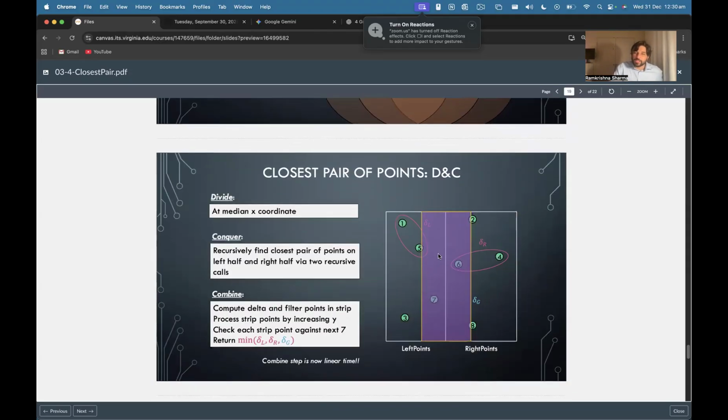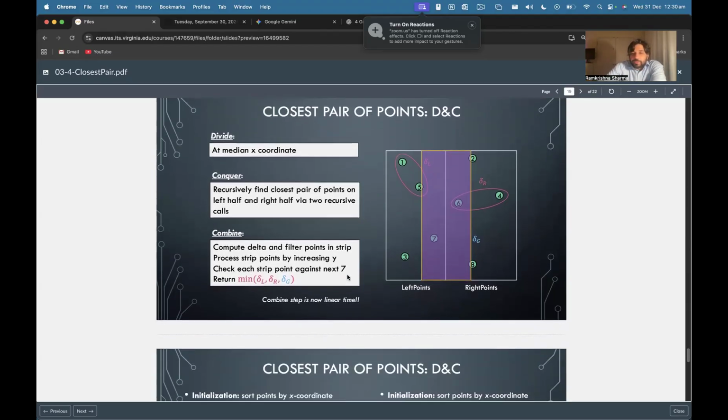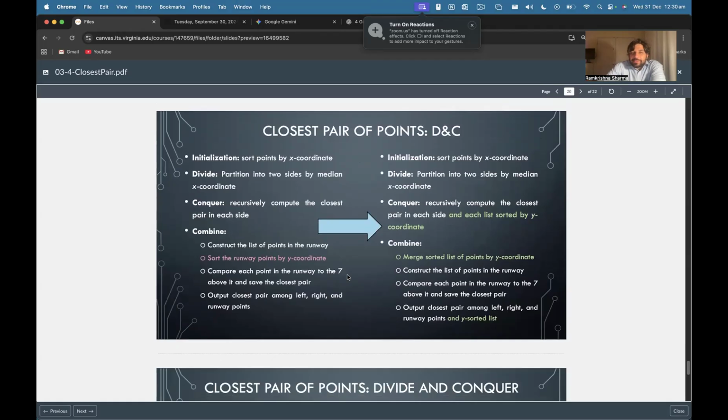That's an optimization for sure. So: divide at the median of the x coordinate, recursively find the closest pair on both sides, compute delta, filter the points in a strip, process the strip points by increasing y, check each strip point against the next 7, and then return. And that's essentially the algorithm.